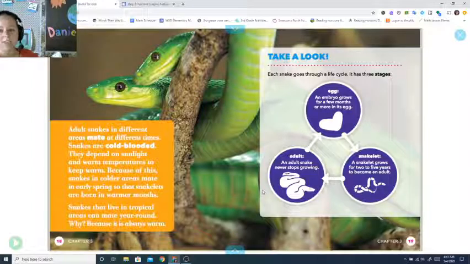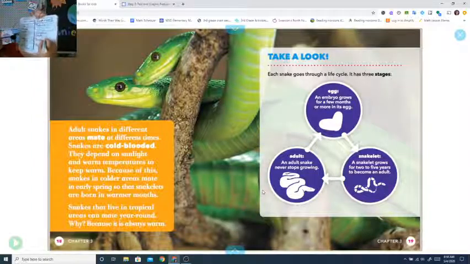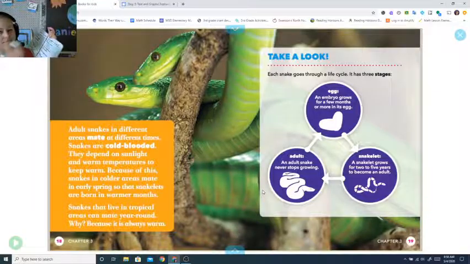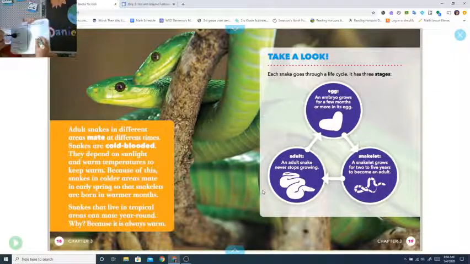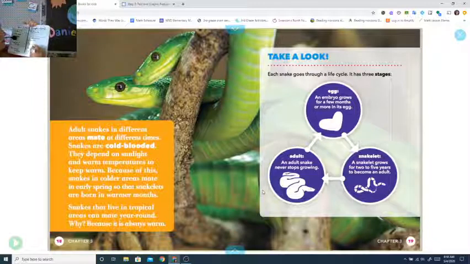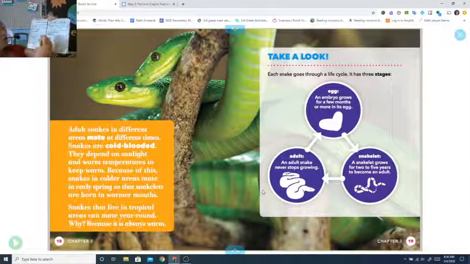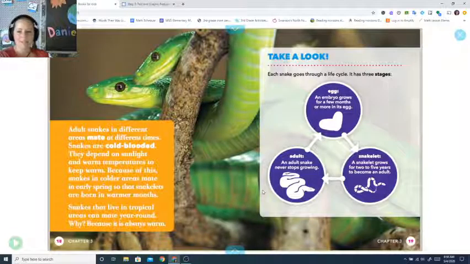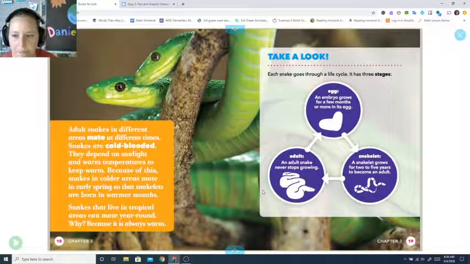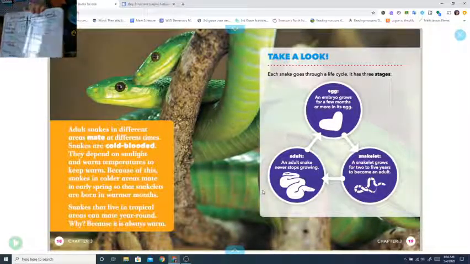So I'm going to call it the life cycle of a snake. And actually, I'm going to put this under diagrams. Now, a lot of times people will call charts and diagrams kind of the same thing. They kind of go together because a lot of times you will have charts and diagrams. So, we've got the life cycle of a snake.